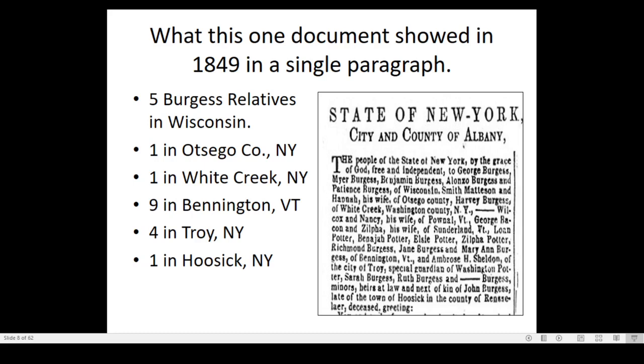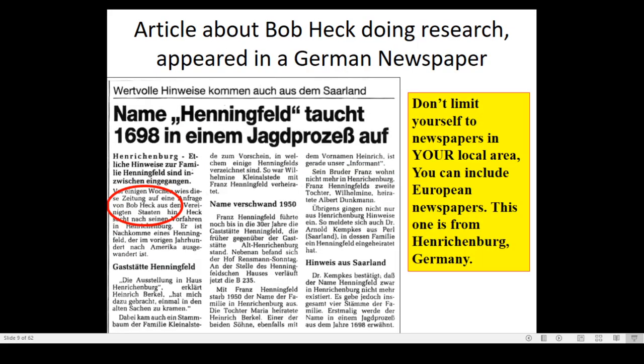That's Cheryl's great-great-great-grandmother. And then it goes on and it defines all these other people, and it says greetings, and they're being asked to appear as part of a probate for John Burgess, who is deceased. He was a brother. So that's how powerful that document can be.